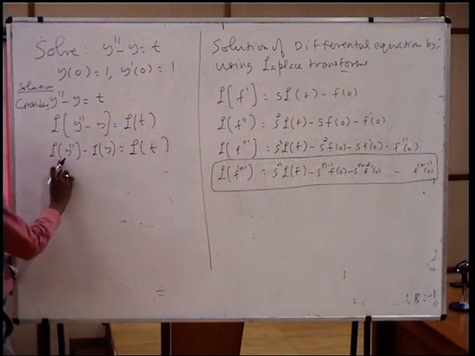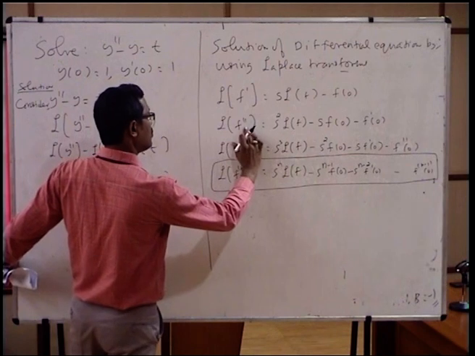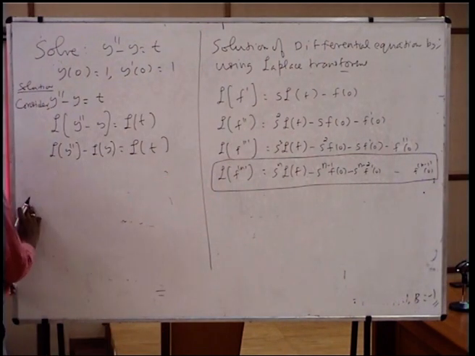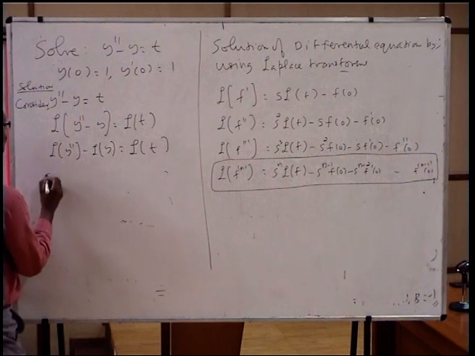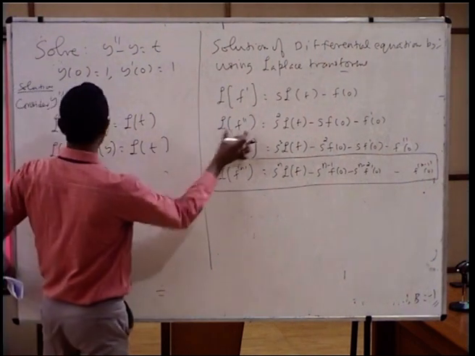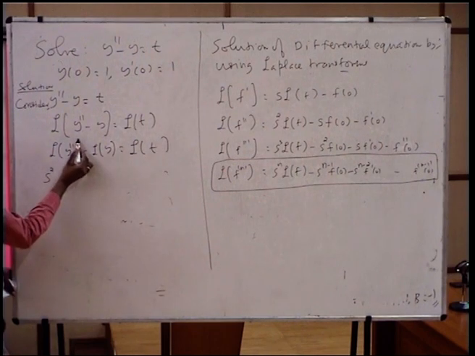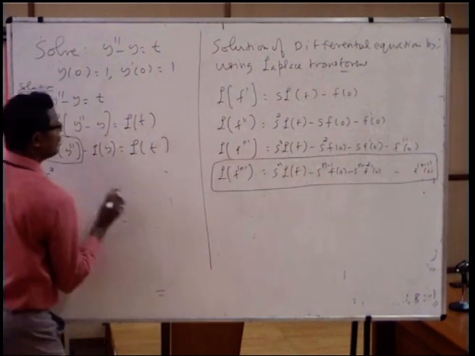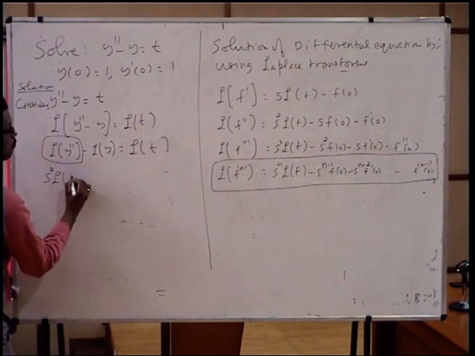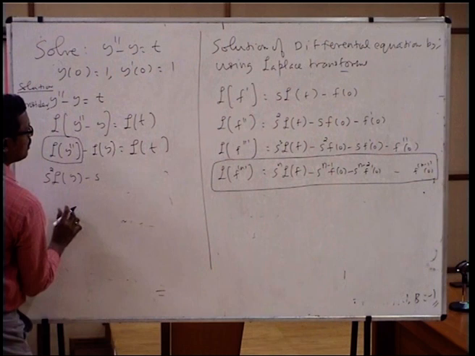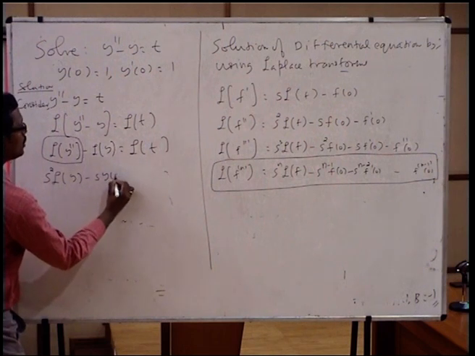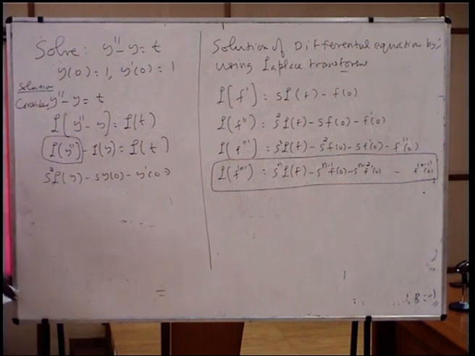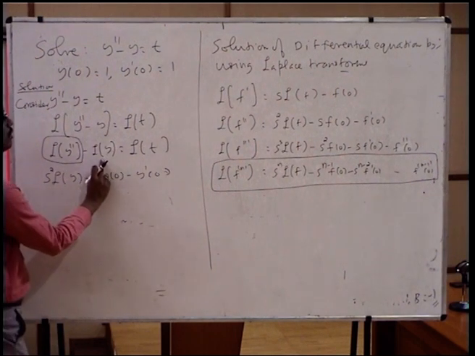Therefore, if you apply this formula, the Laplace transform of the second derivative of a function y double dash becomes s square into the Laplace transform of y, minus s into y of 0, minus y dash 0, minus L of y.